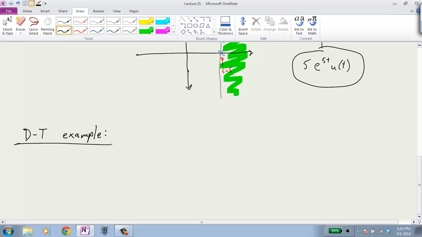All right, so suppose I have something like this. X of n comes into some system which is doing the following.